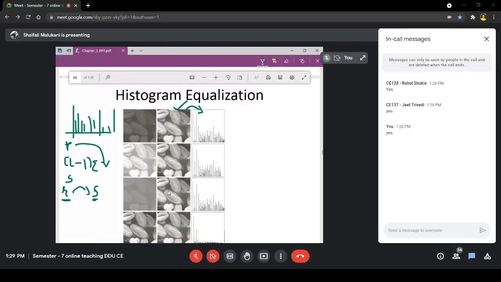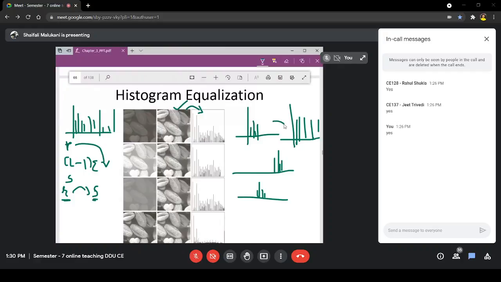Okay, so now if you observe that whatever the histogram of your input is, whether it is concentrated over the left hand side, or the right hand side, or some center location, still if you apply histogram equalization, it is going to cover a broader region.